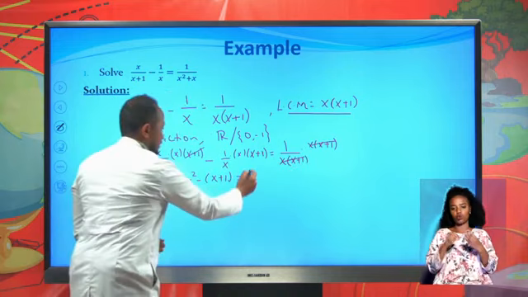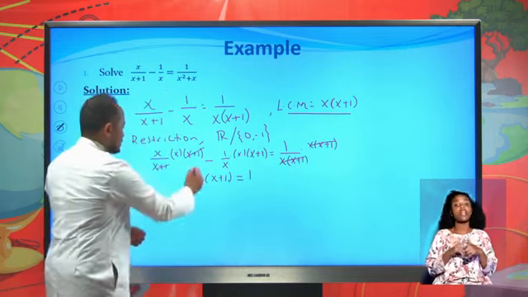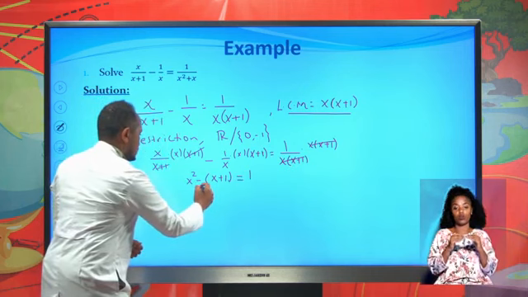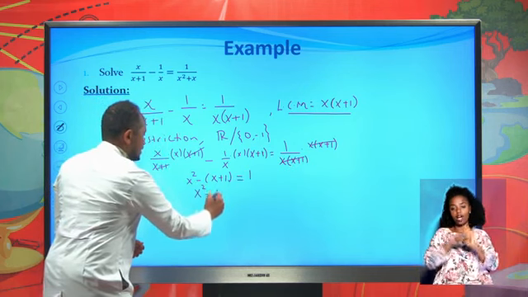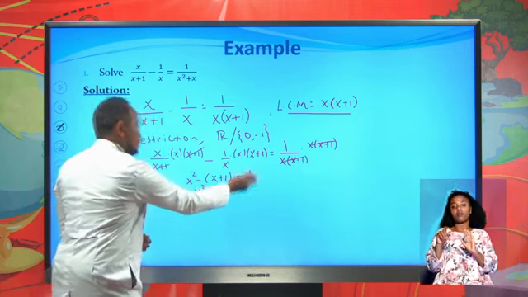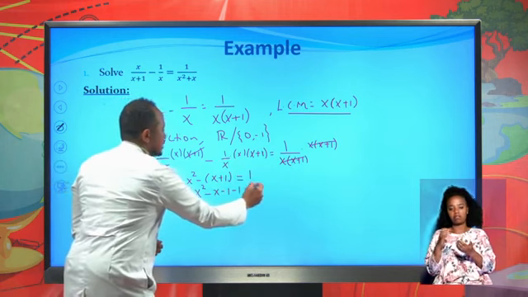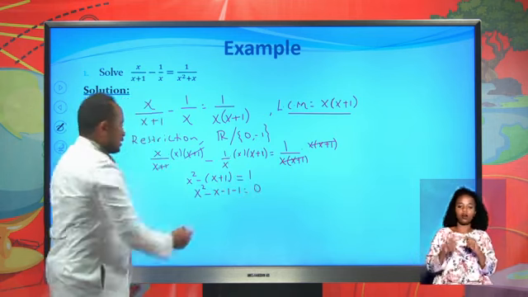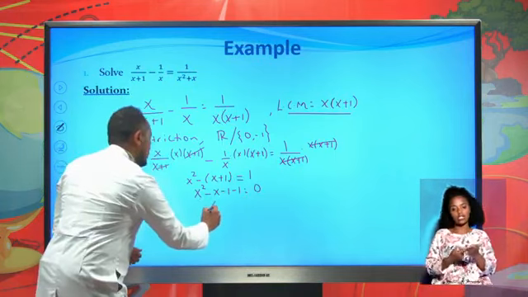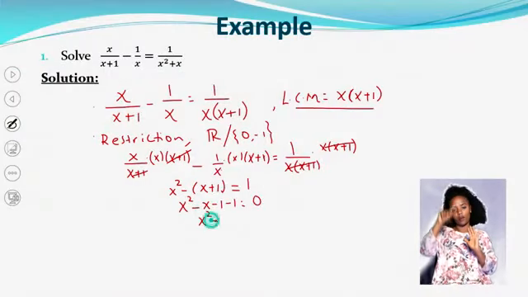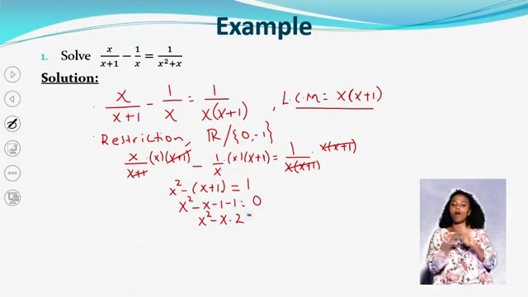Therefore, x squared minus x minus 1, take 1 to this side, minus 1 is equal to 0. Therefore, x squared minus x minus 2 is equal to 0.